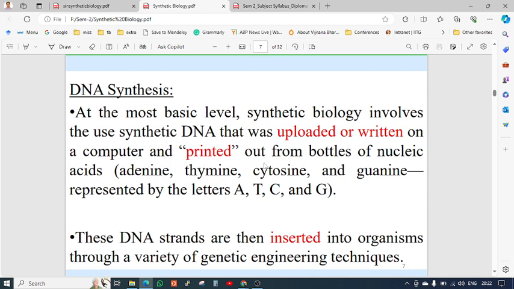So from the building blocks of nucleic acids, that means ATGC: A for adenine, T for thymine, C for cytosine and G for guanine. These ATGC are the basic nucleic acids of any DNA or RNA structure. So the sequence varies, and the number of chromosomes also varies for different species.